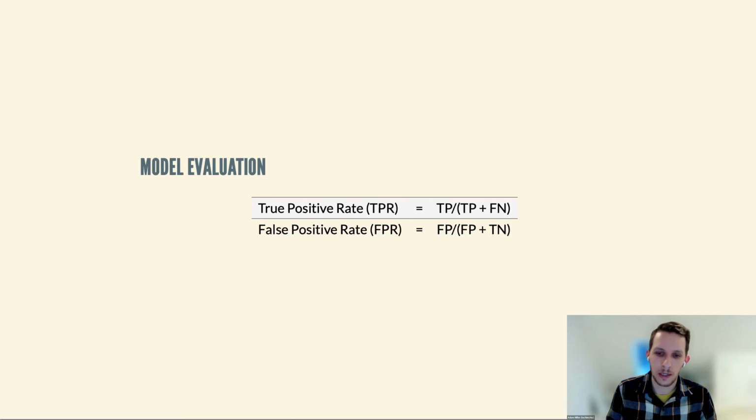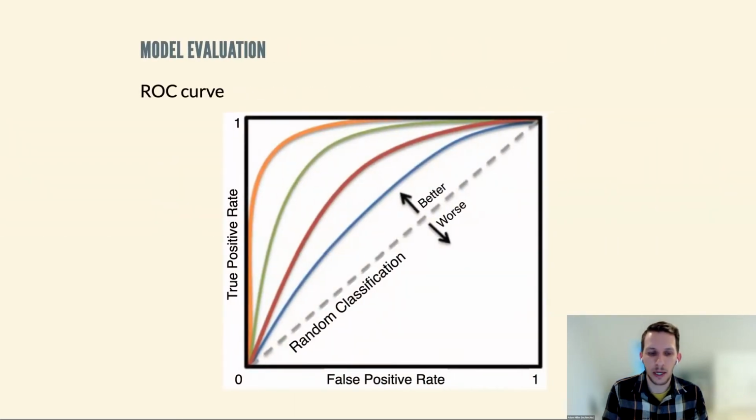And if you adjust that decision threshold, you change both the true positive rate and the false positive rate. And doing that in concert creates what's known as an ROC curve, or receiver operating characteristic curve. So these are a very common way to look at how well a classification model works, okay?